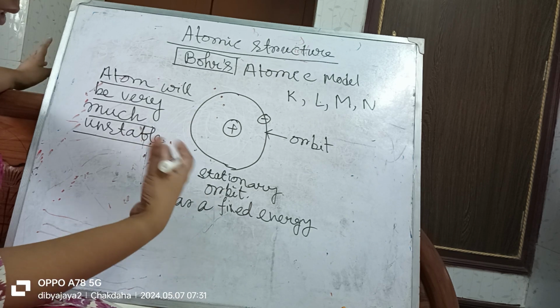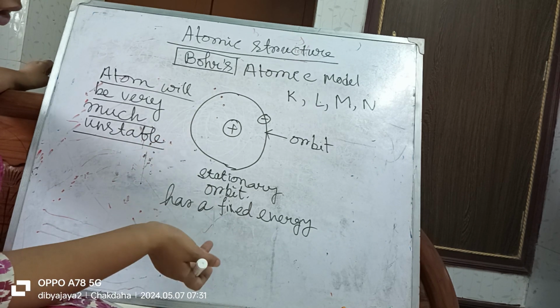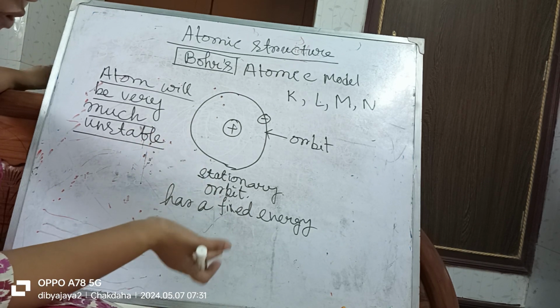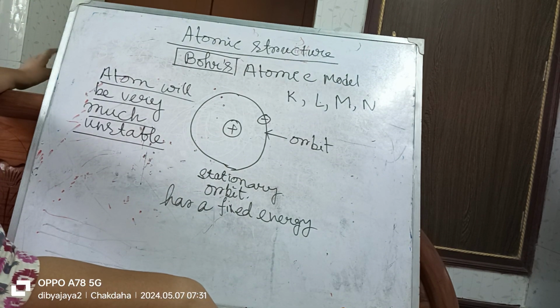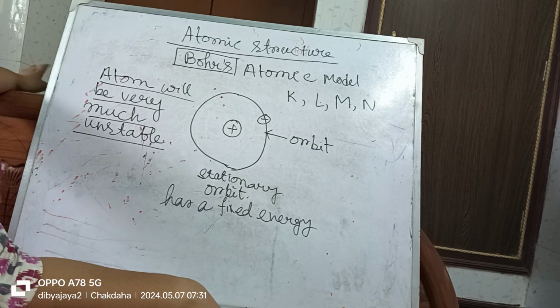The neutron was discovered in 1932 by Chadwick. He bombarded the light nuclei of beryllium with alpha particles. Alpha particles are like the helium nucleus. Then a neutron is formed.